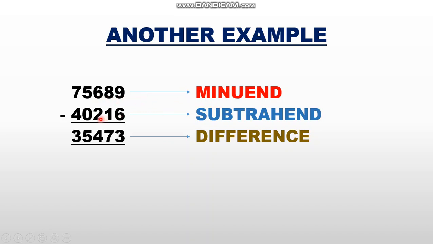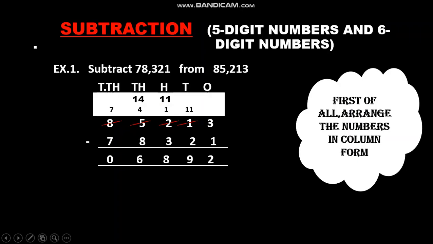And the smaller number that is to be subtracted is 40,216 and that is called subtrahend. And the answer here is 35,473 and it is called difference.